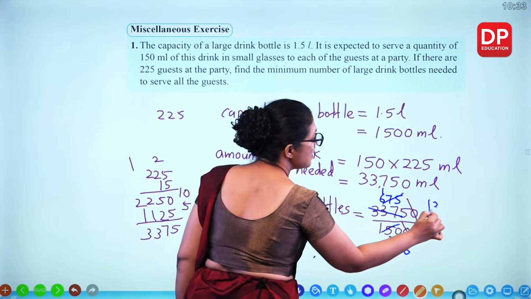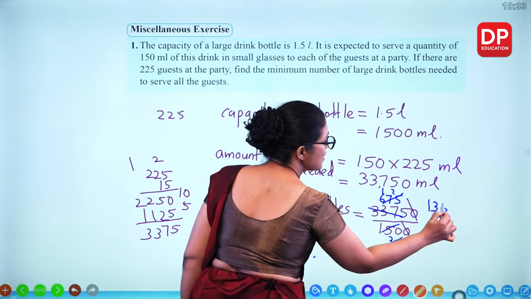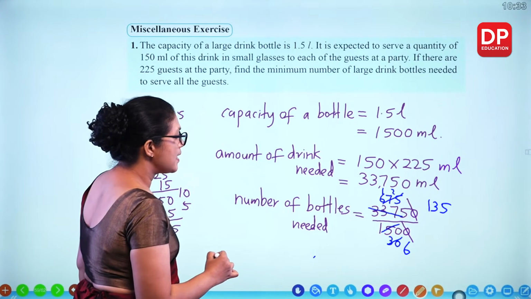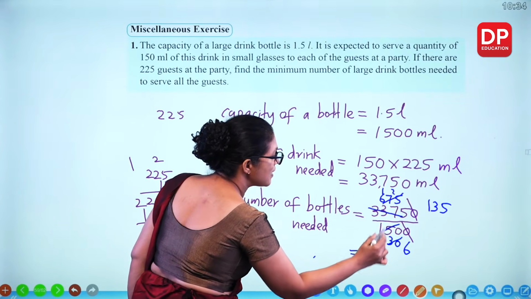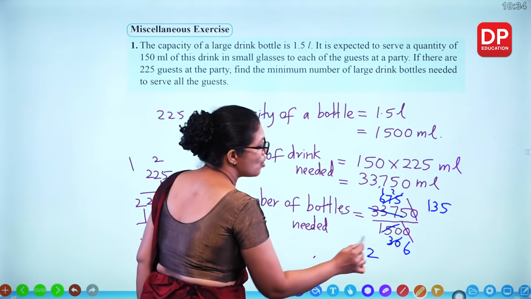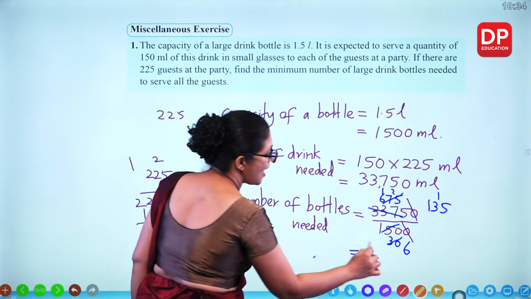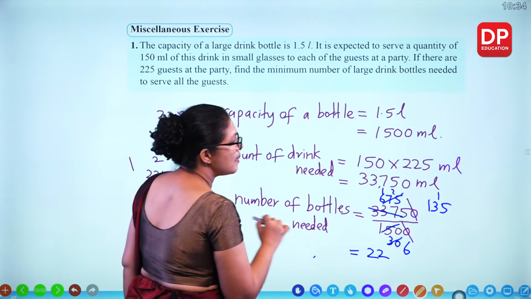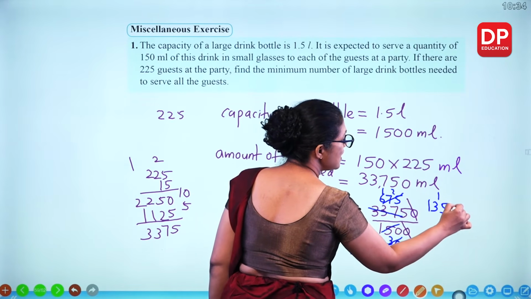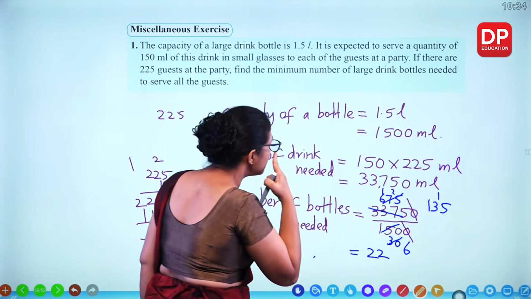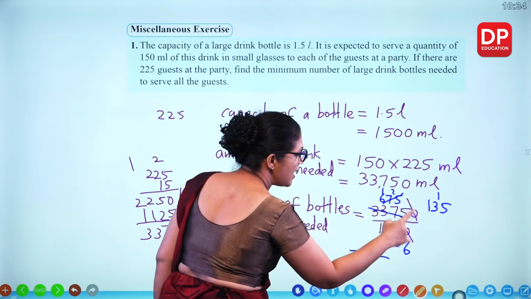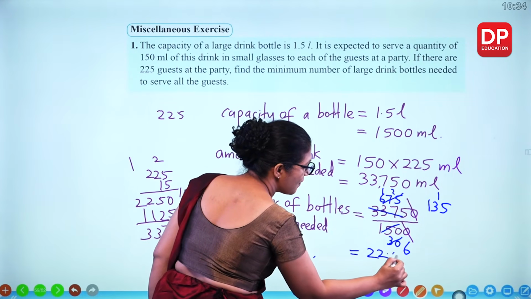And for 17, 3. For 25, that's 5. So divide by 6. You get 6 times 2, 12. And for 15, 6 times 2, 12. And you need another, here 3 remaining. For 30, that's 5.